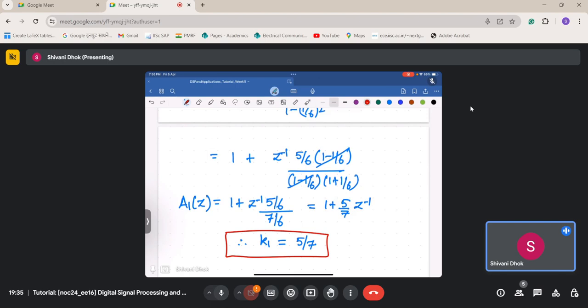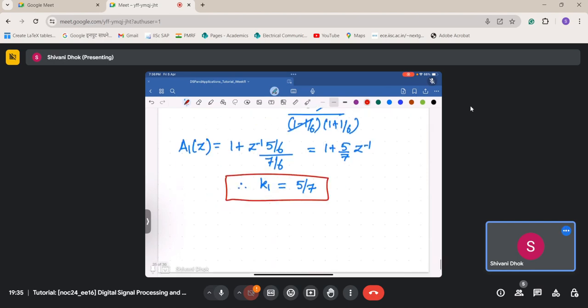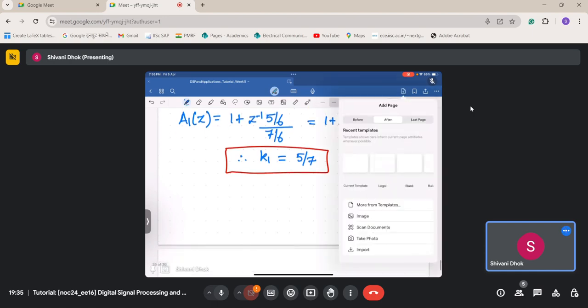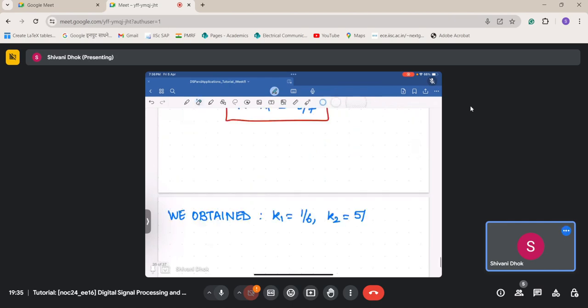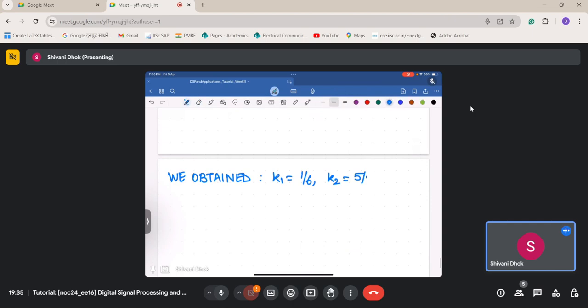Okay, so only two things are needed for realizing the denominator structure: K1 and K2. We have obtained K1 as 1 by 6 and K2 as 5 by 7.